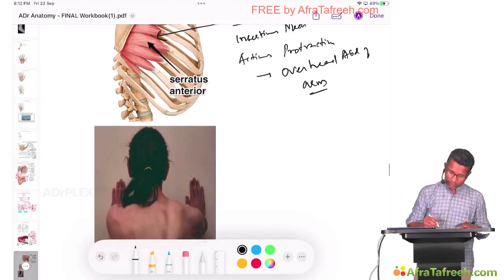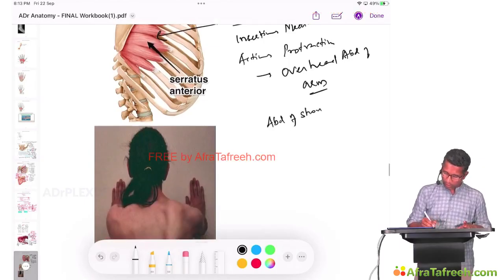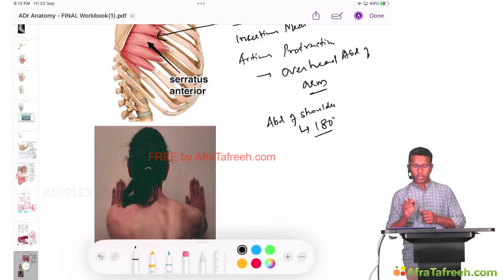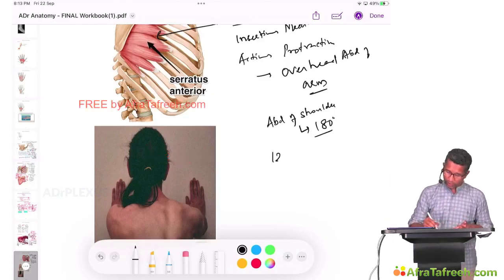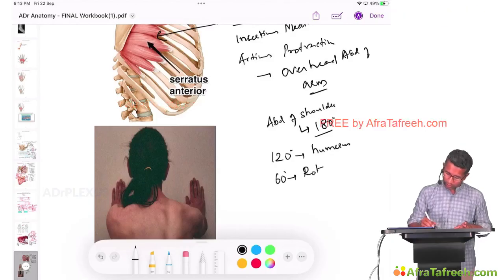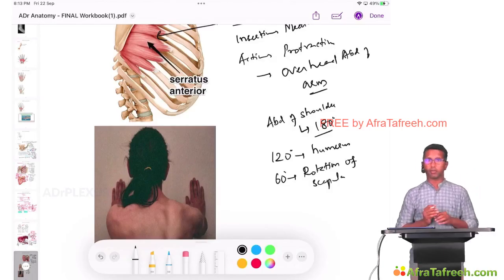If you see the abduction of the shoulder joint, it is up to 180 degrees. In this 180 degrees, 120 degrees is contributed by the humerus. The remaining 60 degrees is contributed by the rotation of the scapula.